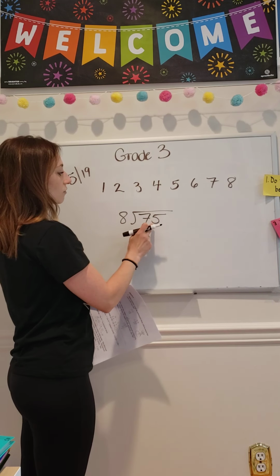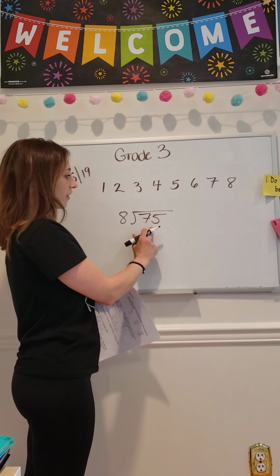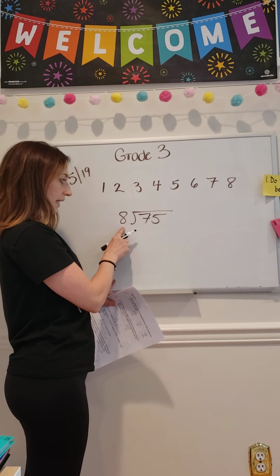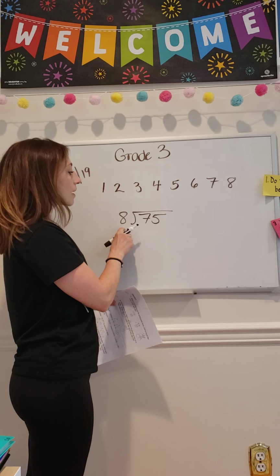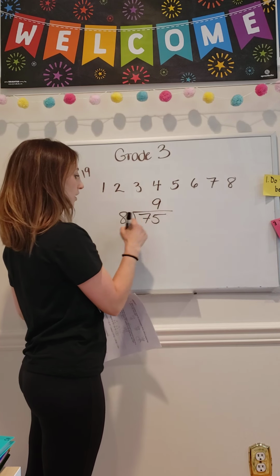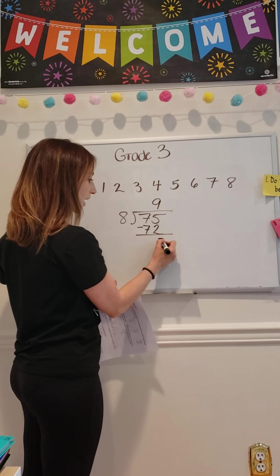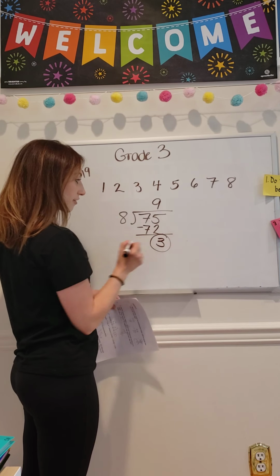So 8 times what is going to be close to 75? So let's think. 8 times 10 would be 80, so it's not going to be 10. How about 8 times 9? 8 times 9 is 72, and when I subtract, I have a remainder of 3.